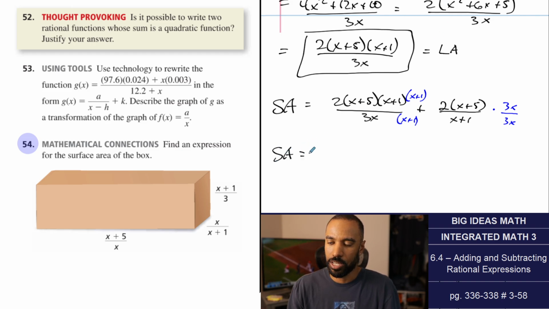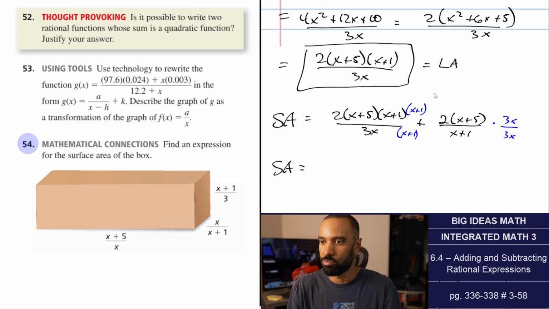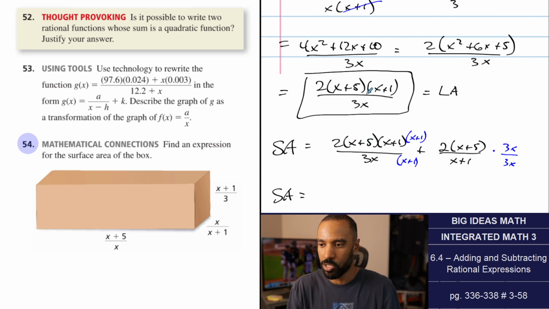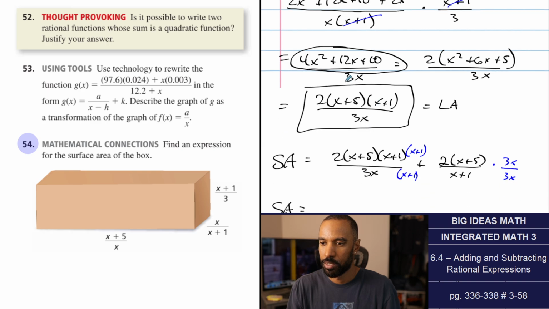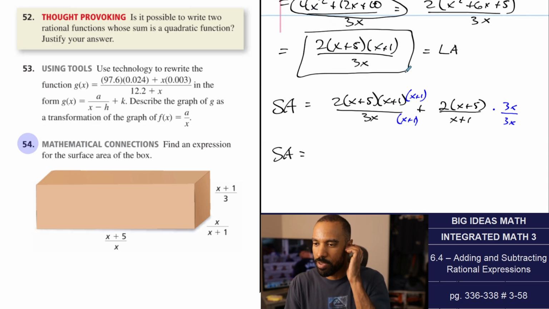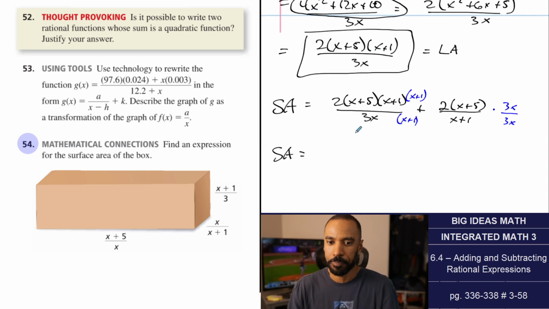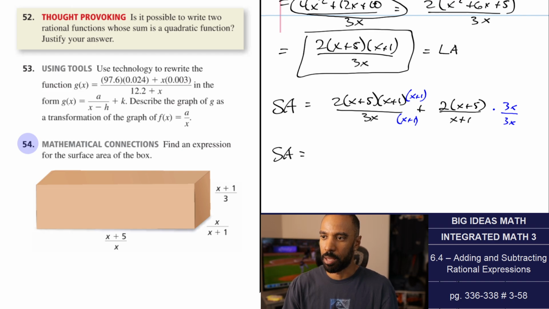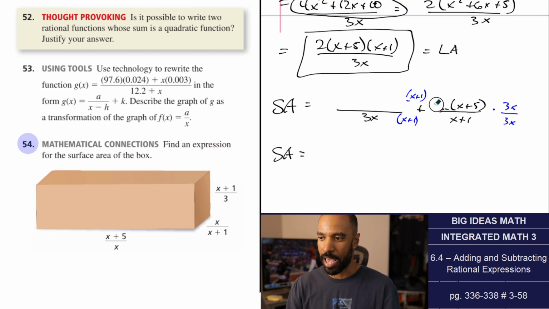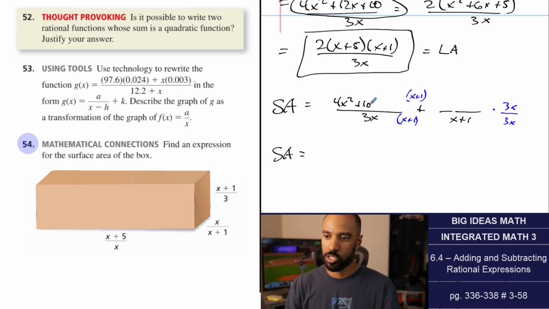And now I actually got to clean up the top. Everything that I factored, I should unfactor again. I'm going to bring this back. 4x squared plus 12x plus 10 I got to multiply into this thing. You know what, I should bring that back. Hold on. This factoring didn't help. I thought I was going to multiply. I forgot I'm going to add. So let me bring those back. So this is 4x squared plus 12x plus 10, like that.